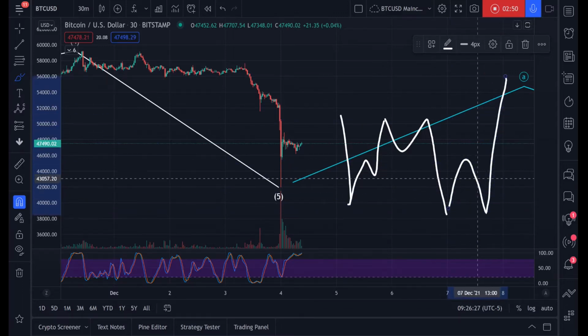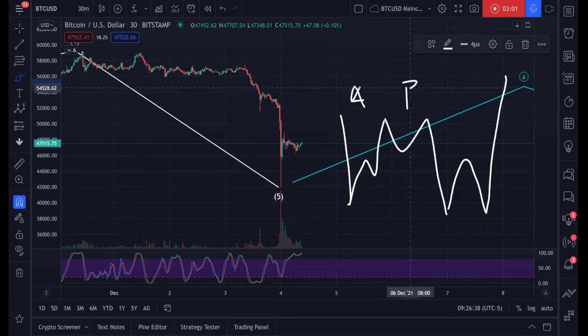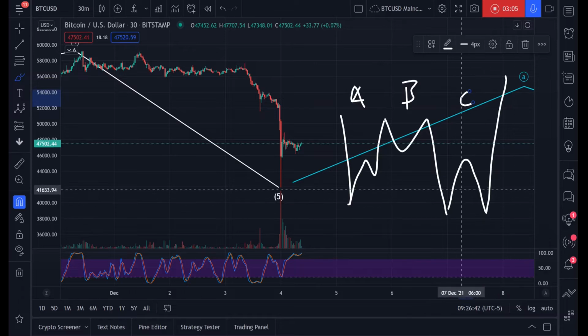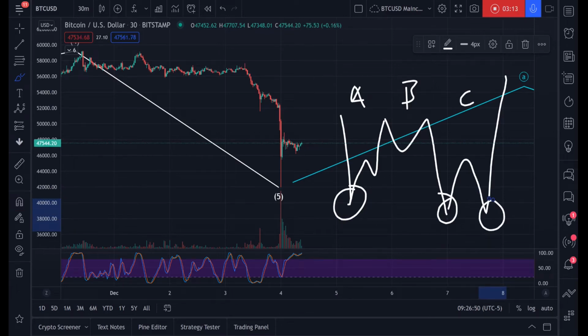You have a retrace, kind of a, how do you call it? A pivot. That's what I call it, right? So you have A, B, C, and so it ends up on a larger time frame, smaller time frame, looking like 3 touch points to the bottom. This is what you're going to want to see, okay?